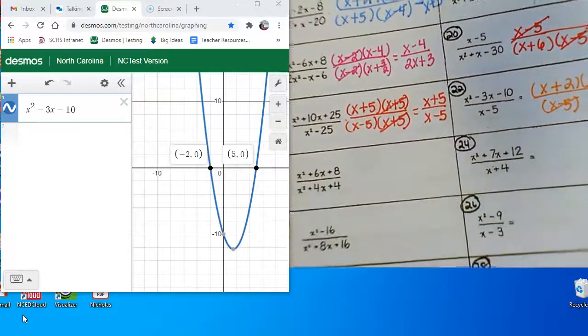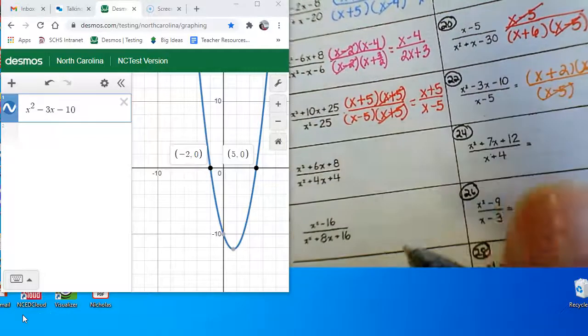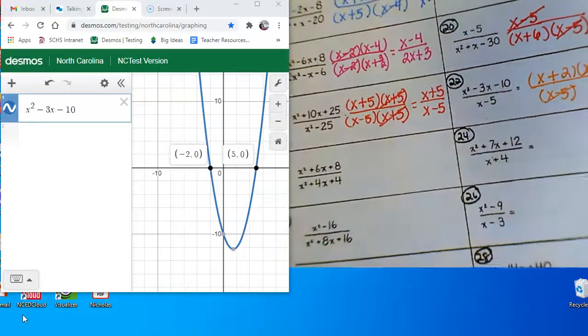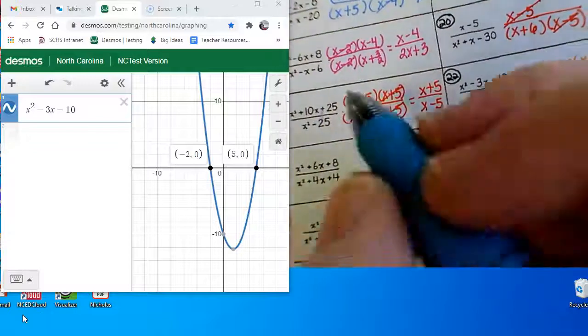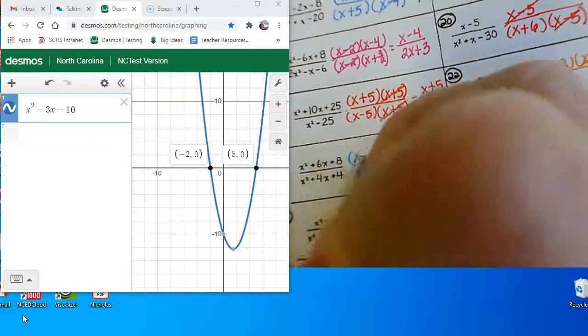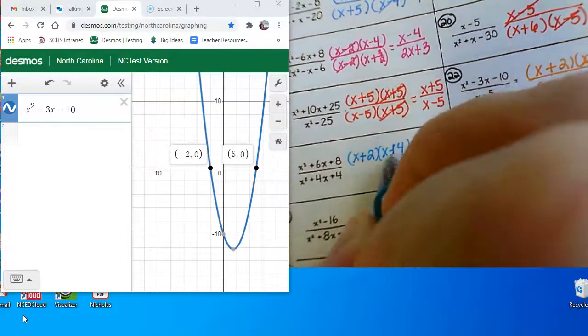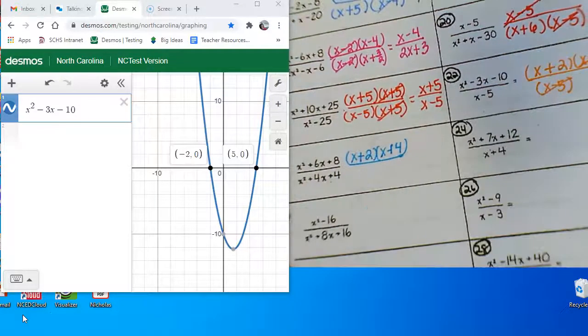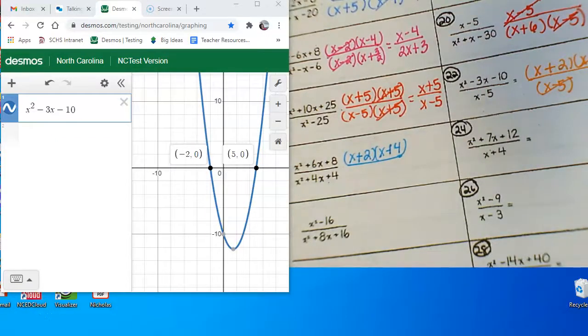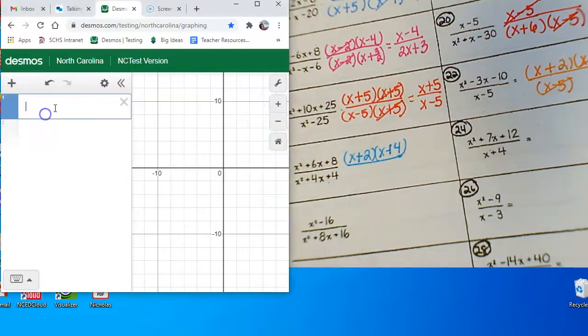Alright, on 23. Whenever you would have graphed this one, you would have gotten a negative 4 and a negative 2. So it would be x plus 2, x plus 4. On the second one, I will graph that one to show you real quick. You get x squared plus 4x plus 4.